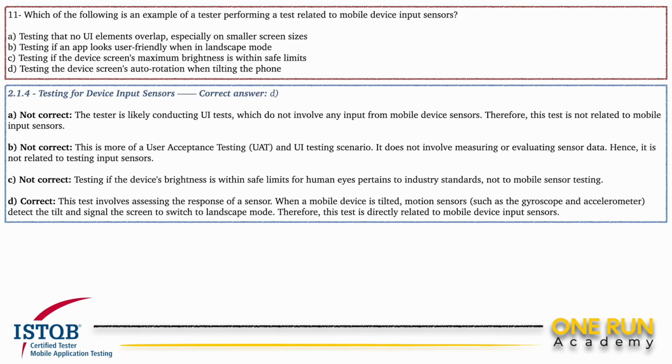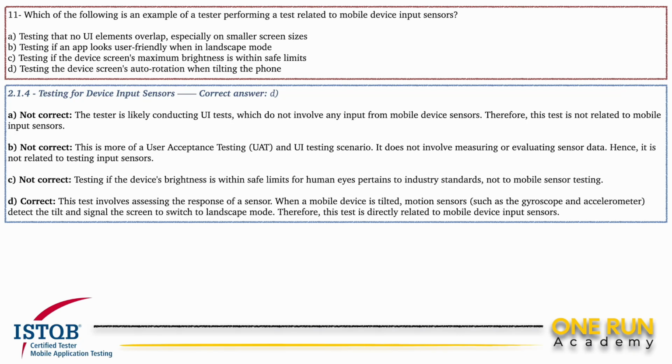Then, we have option C, testing if the device screen's maximum brightness is within safe limits. I believe this one is more of a compliance with industry standards for screen brightness to ensure it's safe for users' eyes. It doesn't involve testing any of the mobile device's sensors, making option C an incorrect option.